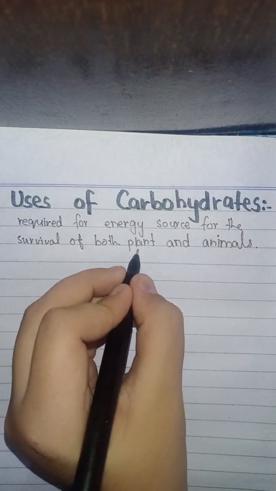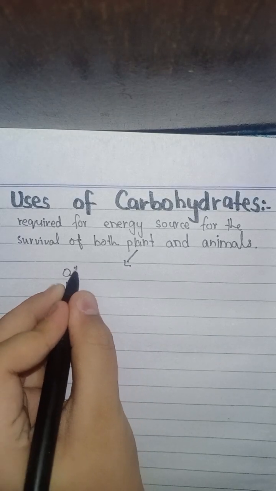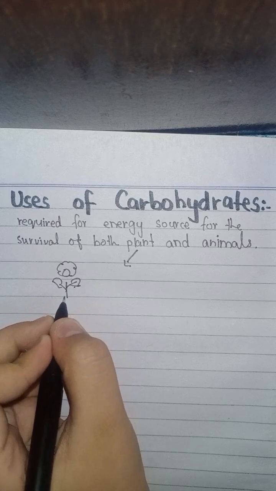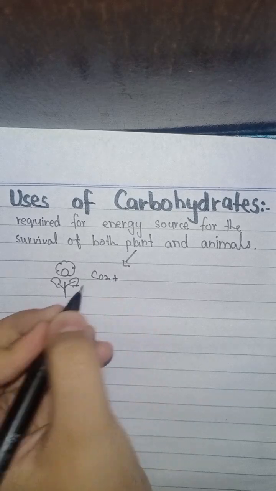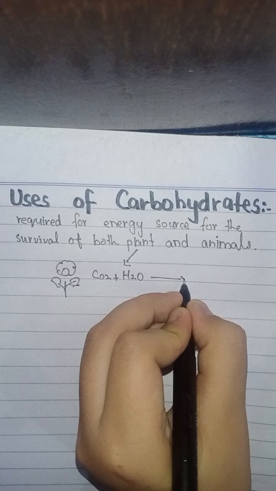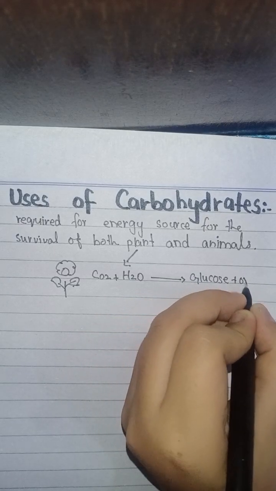In plants, let's see how. Here we have CO2, carbon dioxide, plus water, which is converted into glucose plus oxygen.